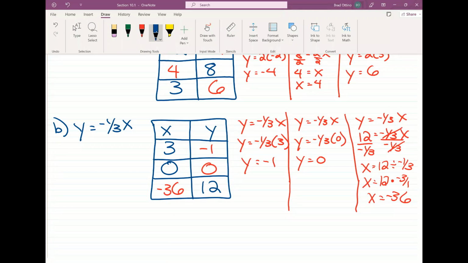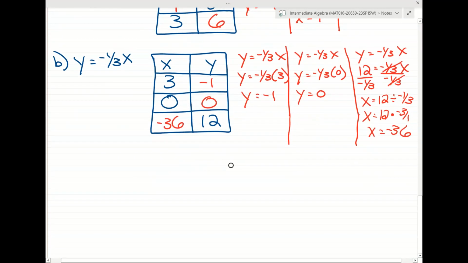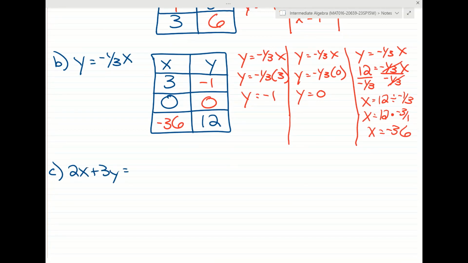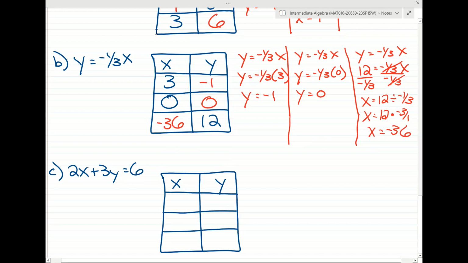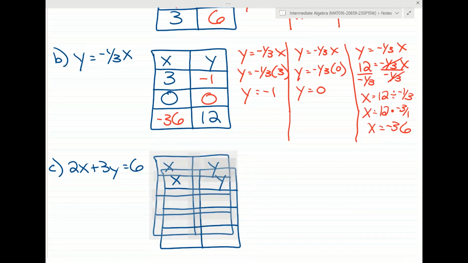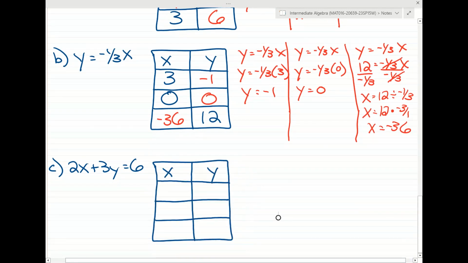And I have another table. Let's say 2x plus 3y equals 6. And I'm going to use 1 for x, negative 2, and then 0 for y.